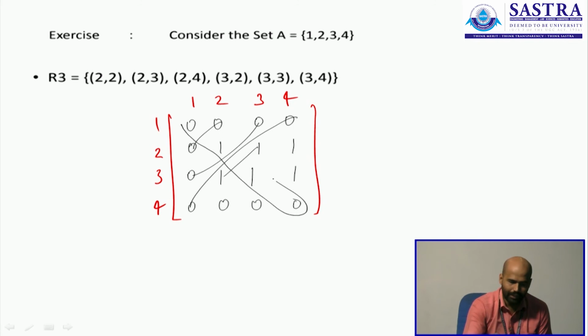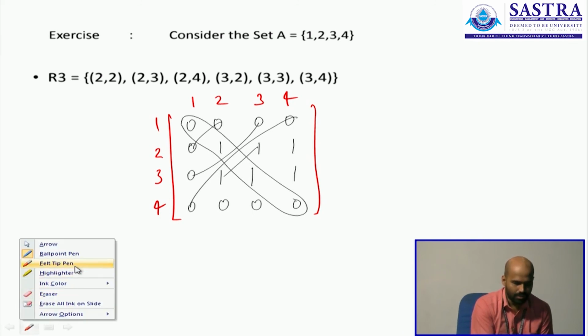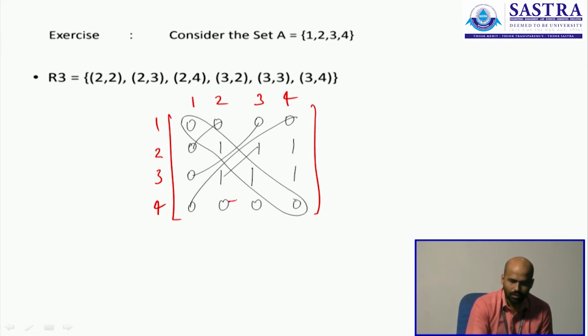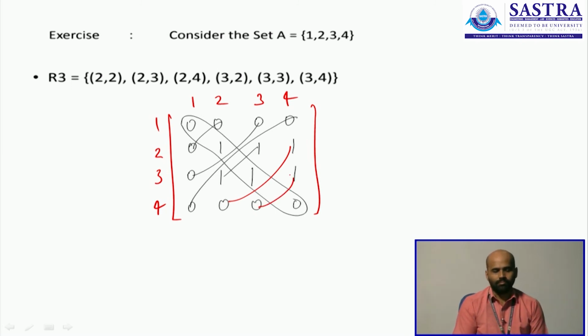Above and below the diagonal, you don't have the symmetric nature observed, because the second row, fourth column, and the fourth row, second column are not the same. The third row, fourth column, and the fourth row, third column are not the same. The matrix is therefore not symmetric, and hence the relation therefore is also not symmetric.